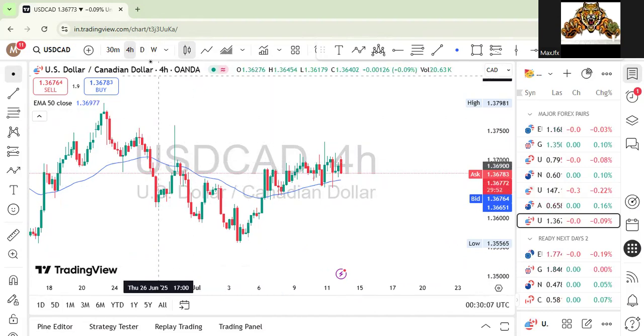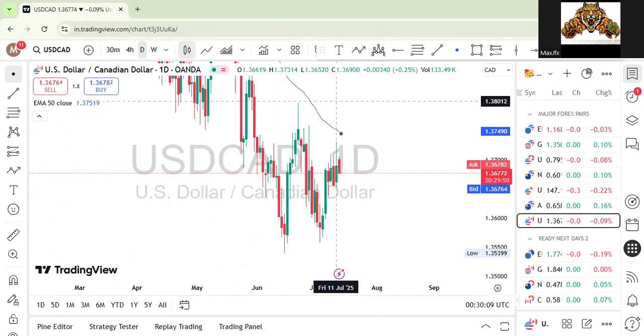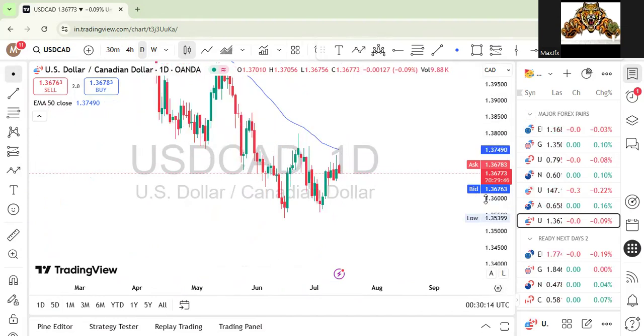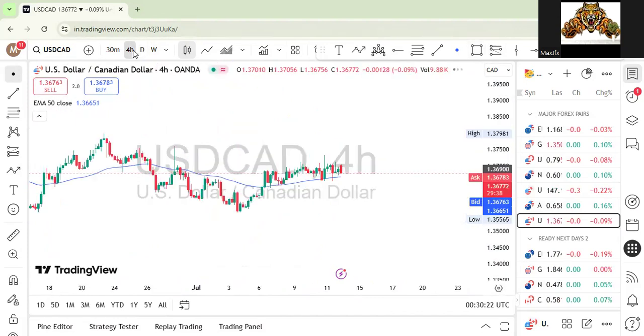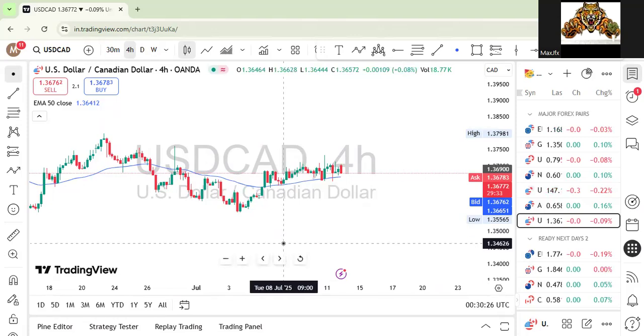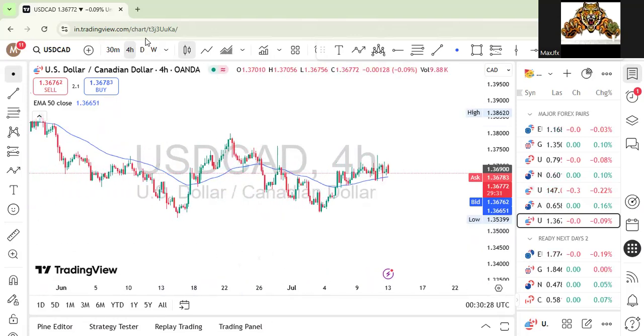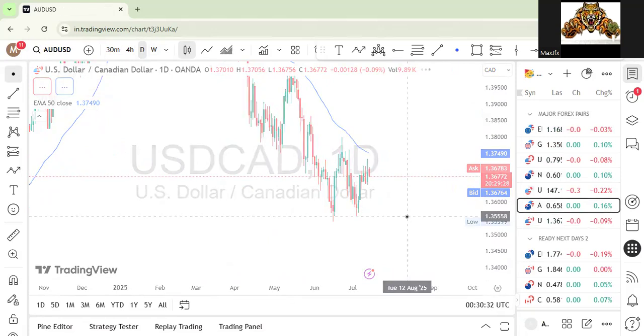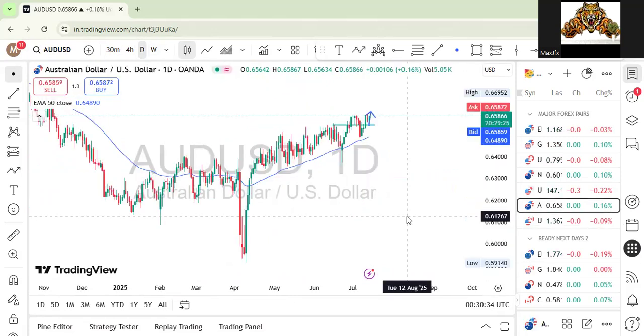I don't like the way it is looking, so I'm going to skip USDCAD. It doesn't look promising. It doesn't really look like a high probability trade. So I'm done with the analysis except for USDCAD.